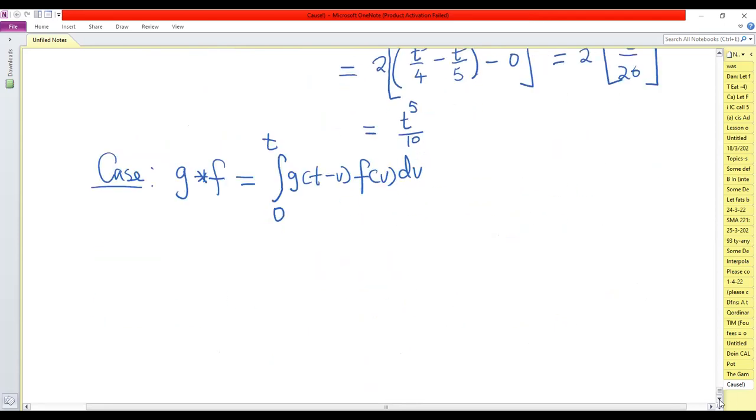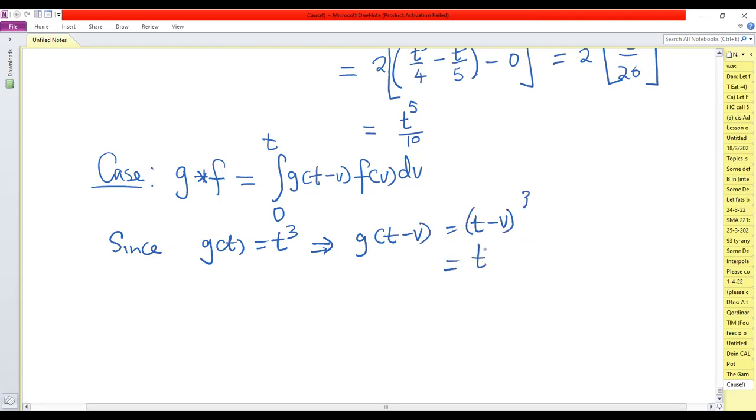Now, given that g of t is t power 3, this means g of t minus v will be given by t minus v power 3, which is the same thing as, using binomial expansion, t power 3 minus 3t squared v plus 3t v squared minus v power 3.